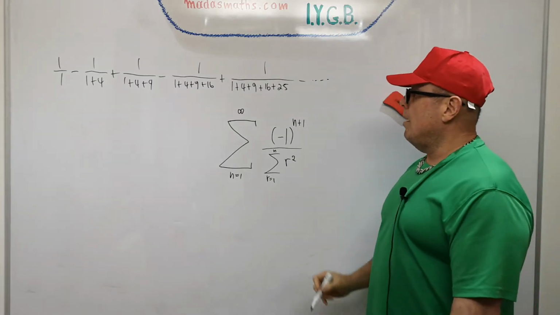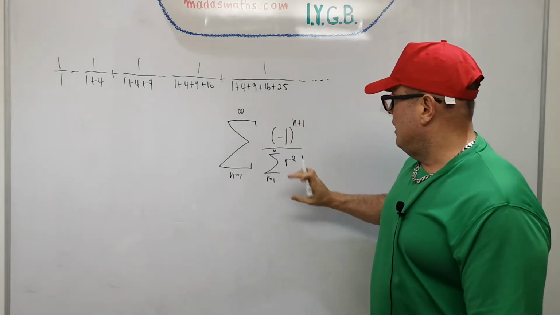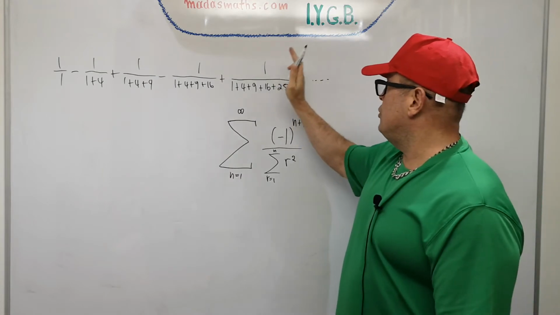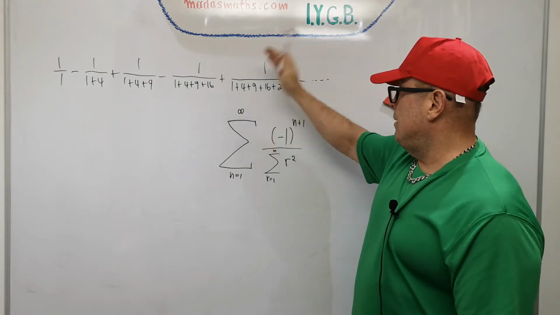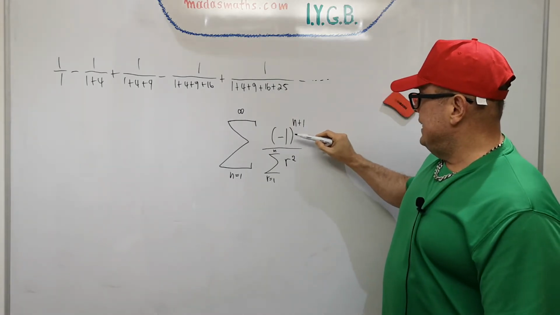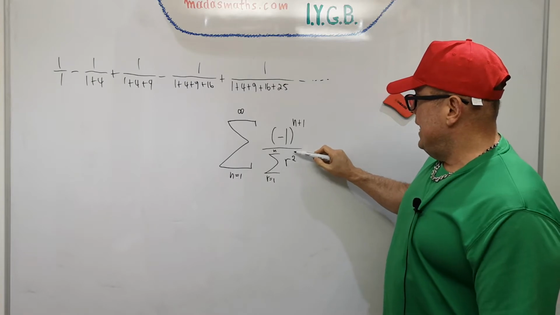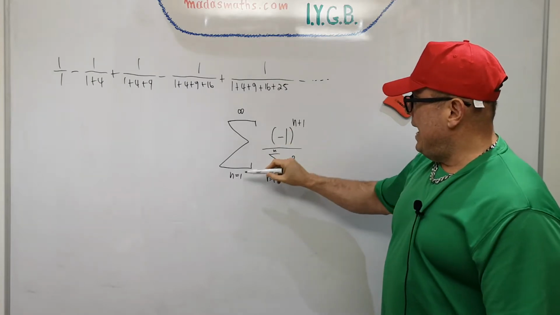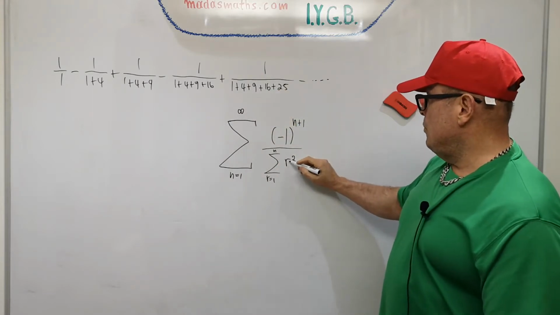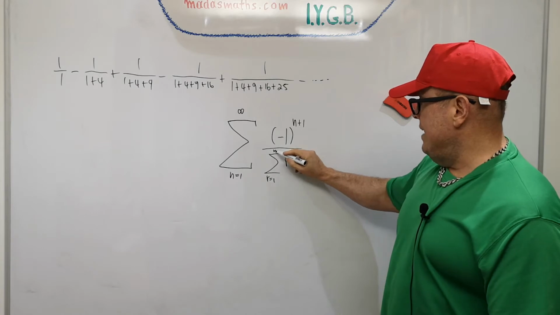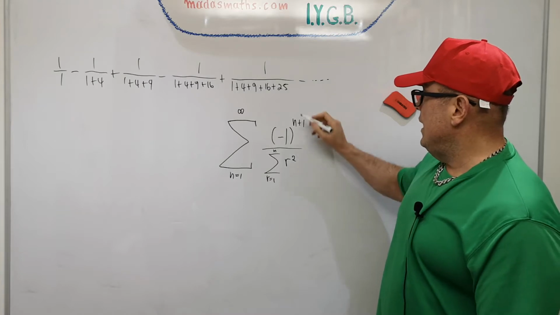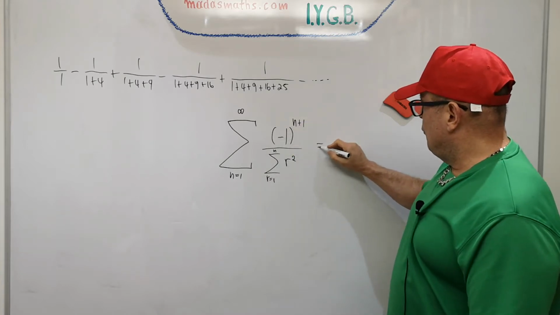So let's just check if this is the correct thing. Let's say we wanted to just add these 5 terms, not to infinity, so this will be 5 there. It says add alternating terms whose denominator is like this from n equals 1 to 5. So when we put 1 for our n, we're going to have 1 squared, which is simply 1. This will go positive, so that will produce a 1.